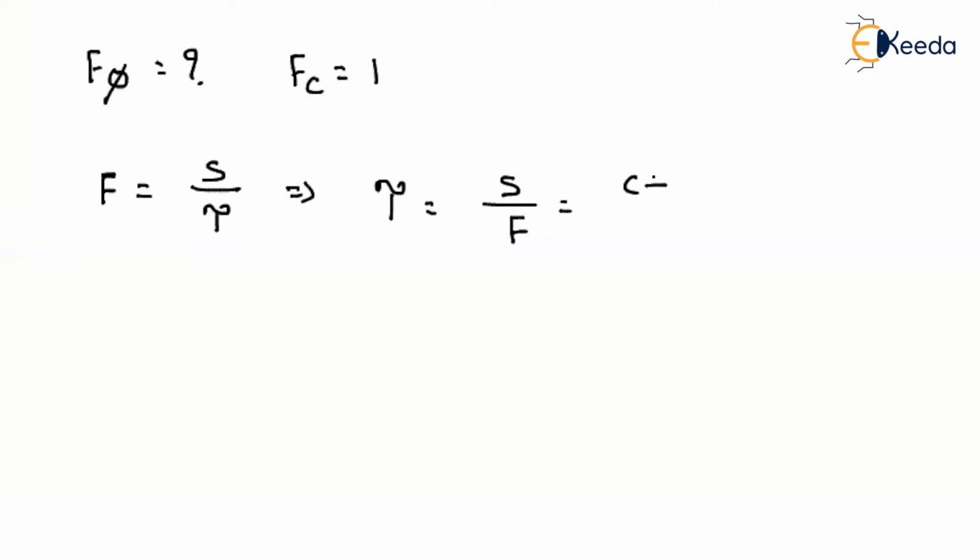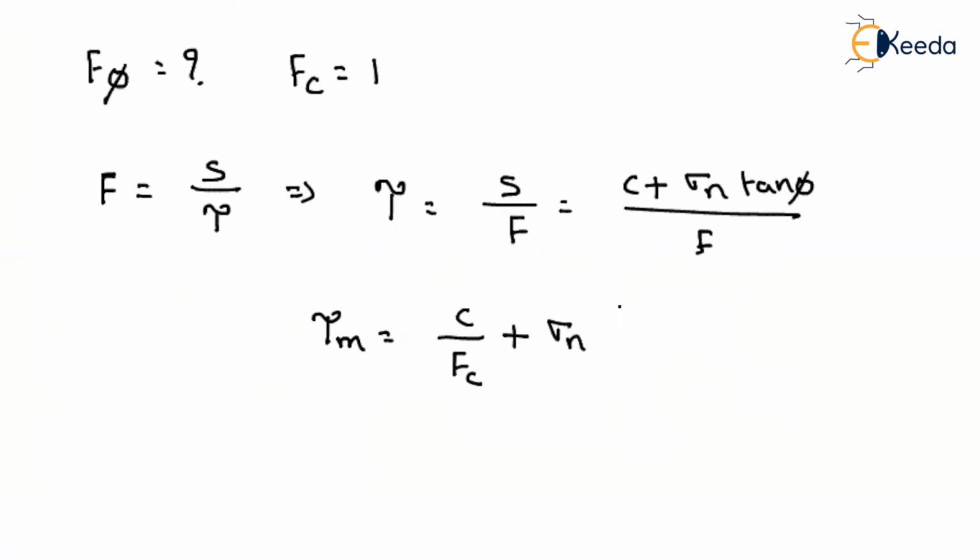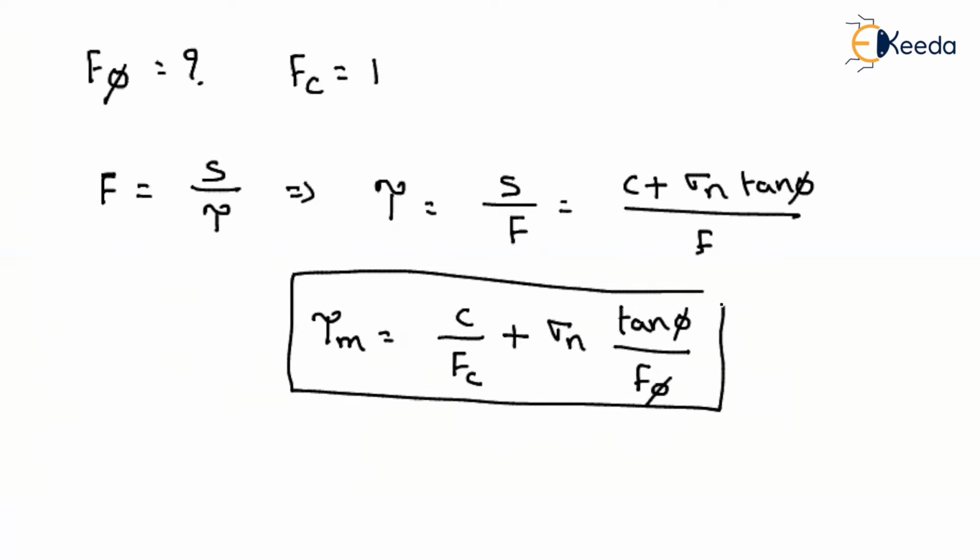What is S? C plus sigma n tan phi. Then I will separate the factor with respect to both cohesion and friction. So the mobilized shear stress is equal to C divided by the factor of safety with respect to C, plus sigma n into tan phi divided by the factor of safety with respect to friction. So this is the equation.